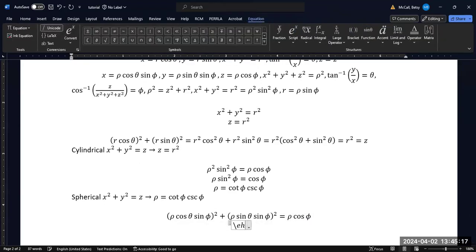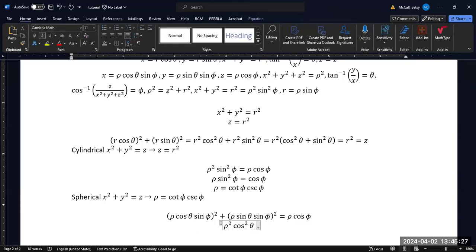So we would end up with rho squared cosine squared theta sine squared phi plus rho squared sine squared theta sine squared phi equals rho cosine phi.